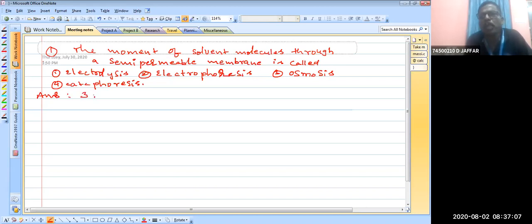The passage of solvent through a semi-permeable membrane from low concentrated solution to high concentrated solution is known as osmosis. That's it. Then you go for question number 2.